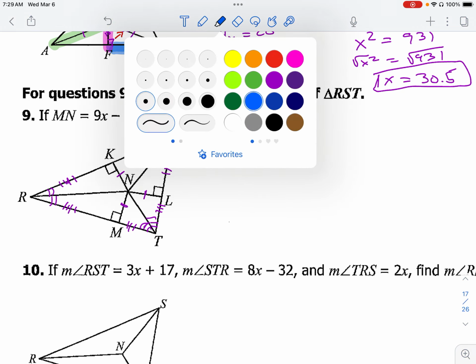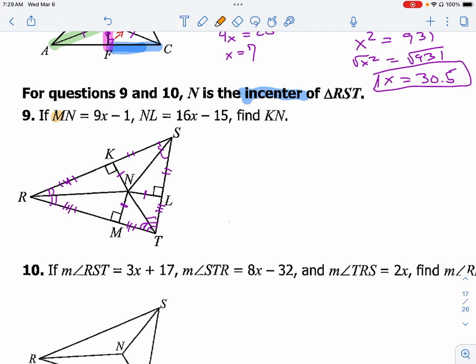So let's see what we're dealing with here. So MN, and we got NL, and that's from the incenter to the side of the triangle. So therefore, we can set them equal. So we got 9x minus 1 equals 16x minus 15. We get the x on the same side.